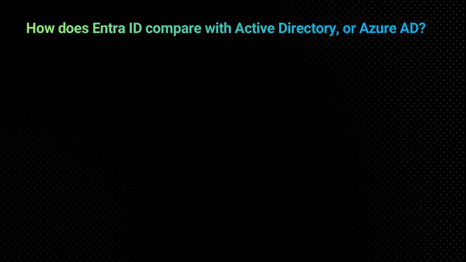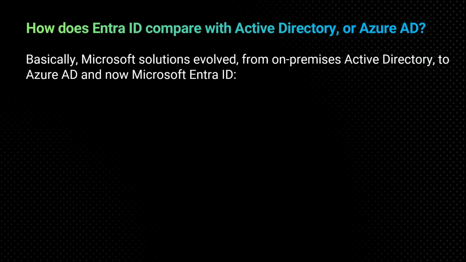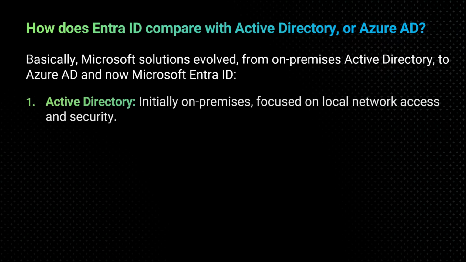Now, how do you compare Entra ID with Active Directory and what was called until recently Azure ID? Basically, Microsoft's solution evolved from on-premise Active Directory to Azure ID and now Microsoft Entra ID. Active Directory, as you know, was initially on-premise and it was focused on local network access and security. You had basically your Windows account defined and used within your network.